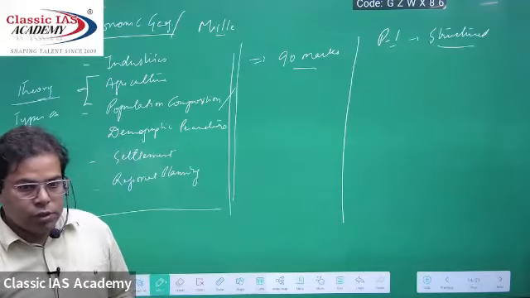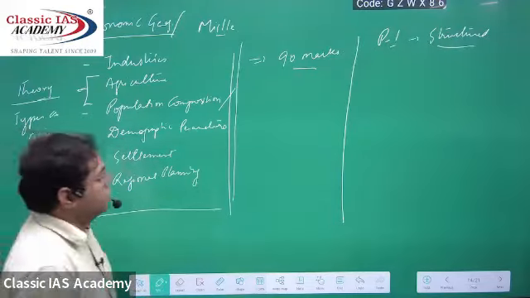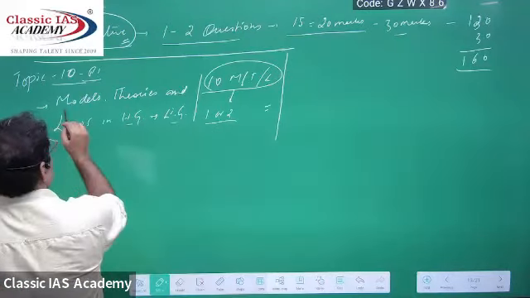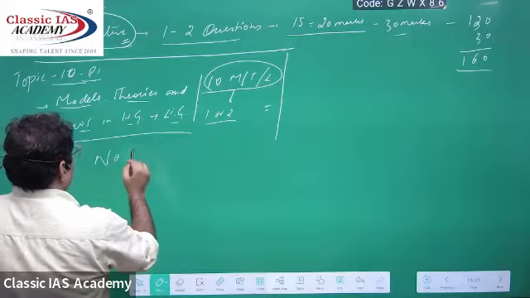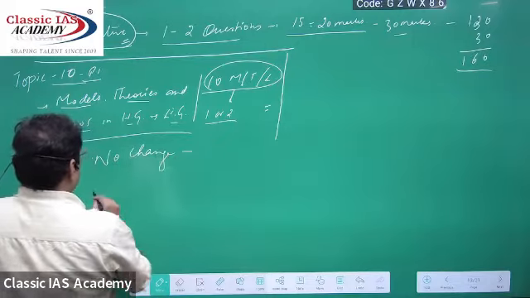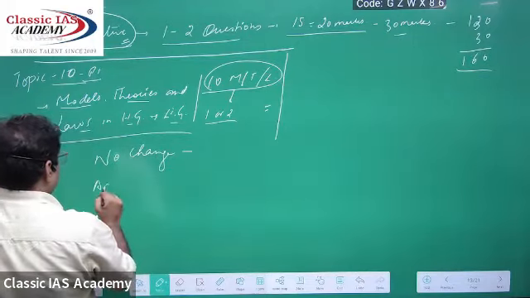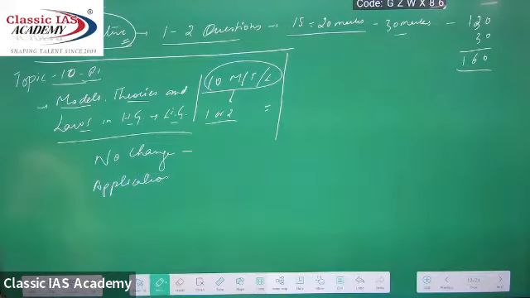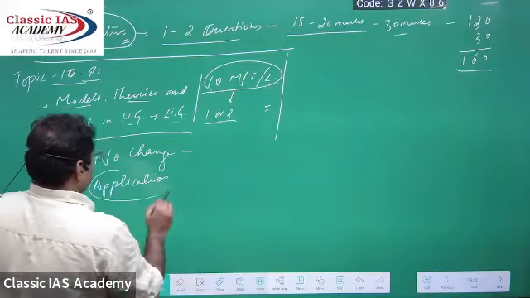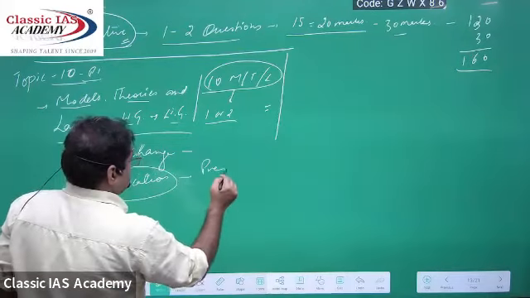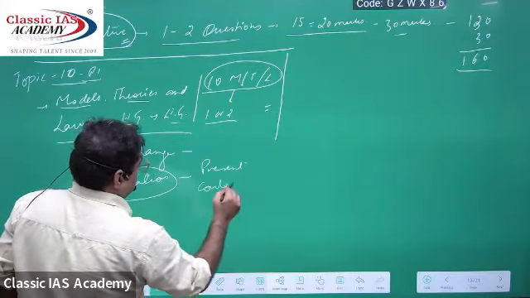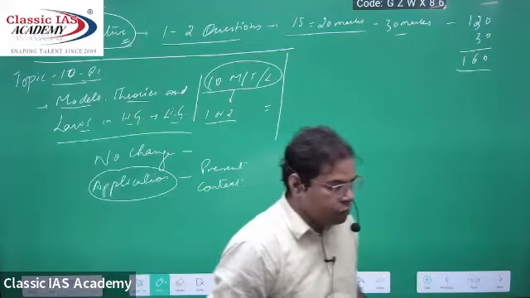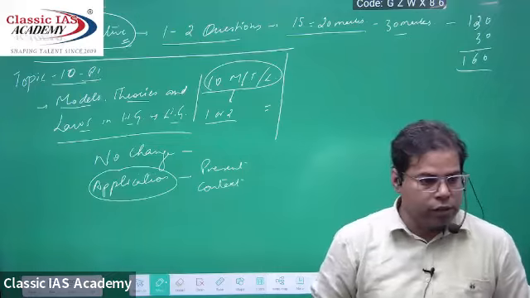Then topic 10 is also models, theories and laws. No change, and also application. Application means this theory should be applied in the present context. You do not have to make many changes in paper 1.